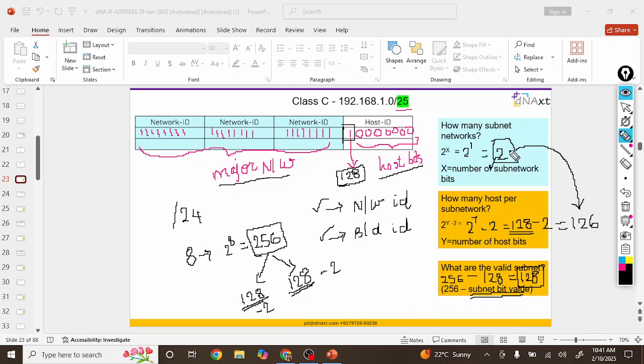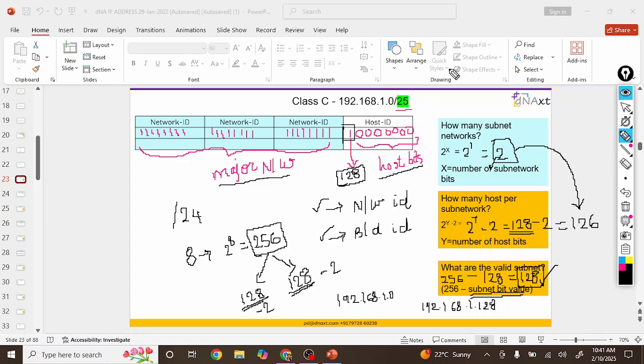Okay, so as we know that we will get only two subnetworks over here, one subnetwork will start with 192.168.1.0, and another will be 192.168.1.128. This increment will always be in the octet from where you are borrowing the bit.